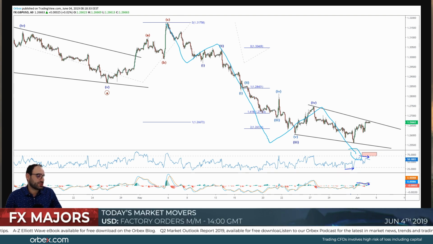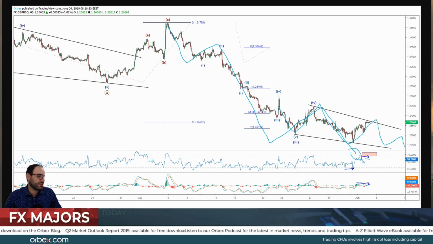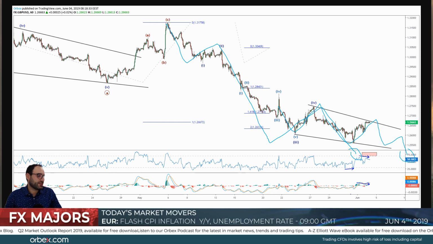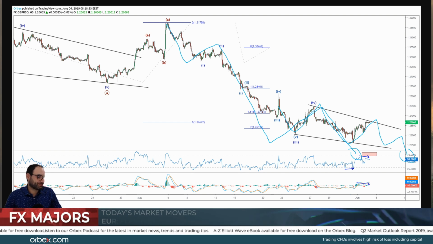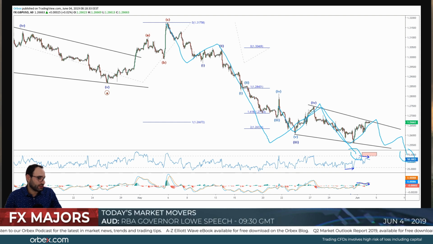Now, this is just a potential scenario. We could get this as an A, B, C, D, E, and prices should be breaking below this side.